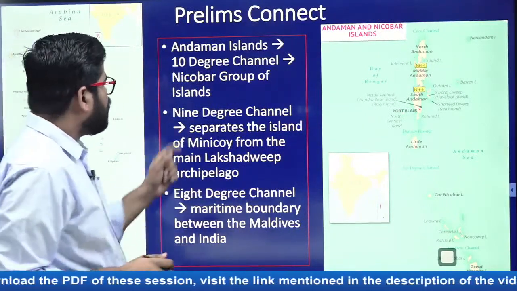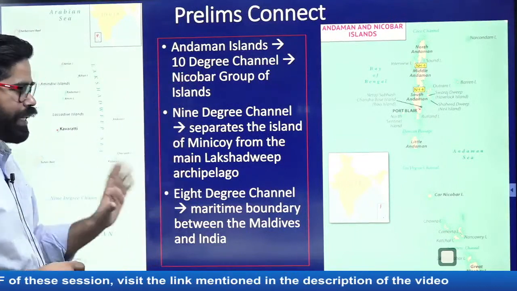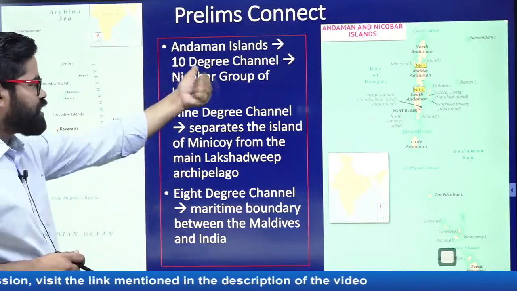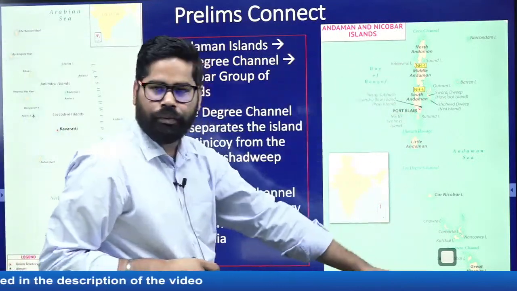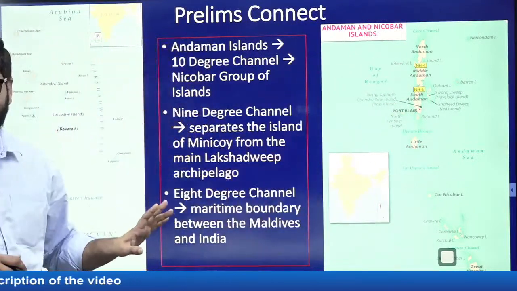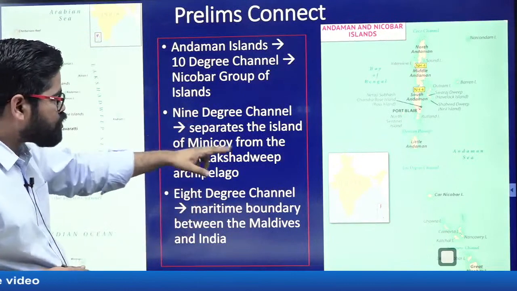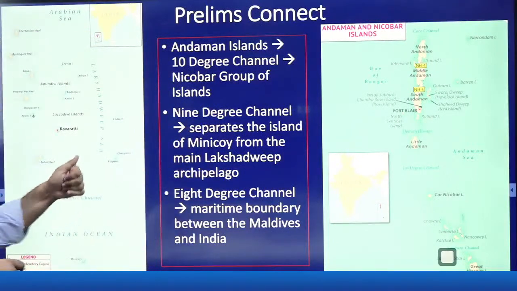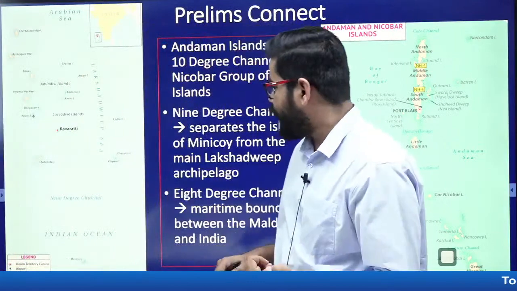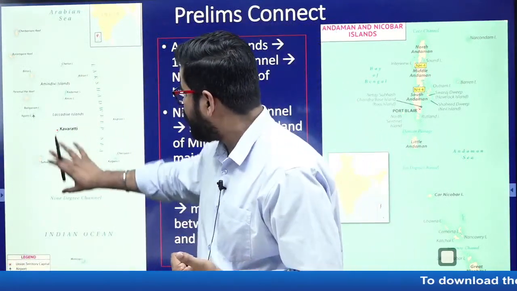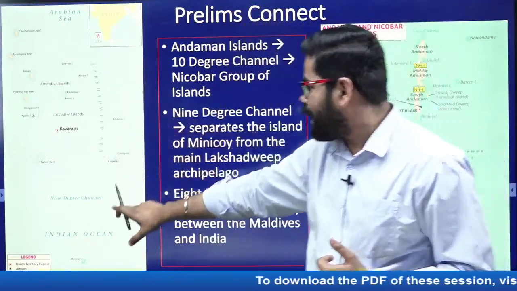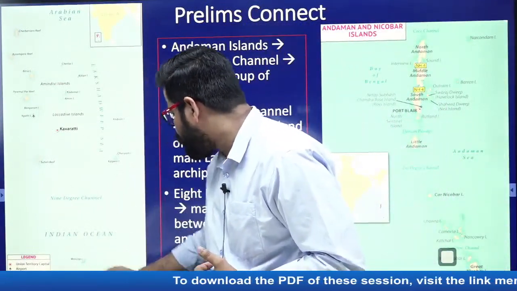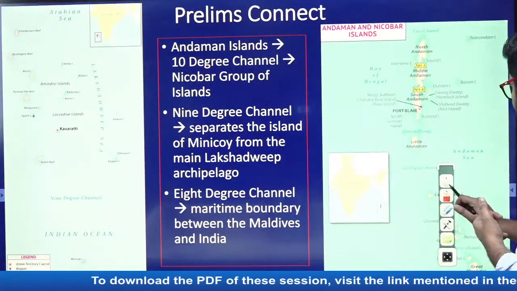Then you can see we are having three important channels. First is 10-degree channel. It separates the Andaman and Nicobar groups of islands. Second is 9-degree channel, which separates the island of Minicoy from the main Lakshadweep islands. See here, you have 9-degree channel. Above this region, we are having the main Lakshadweep islands, and here in this small portion, you can see the Minicoy island.